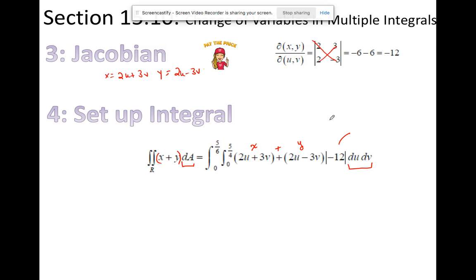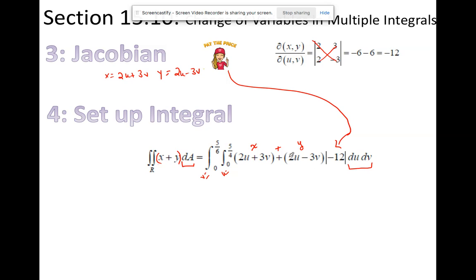And I had to pay the price. Remember my Jacobian, right? The determinant work was -12, but since we're doing area, we take the absolute value of -12. And then my bounds. Since I put du first, here are my u bounds: u equals 0, u equals 5/4, and here are my v bounds: v equals 0 and v equals 5/6.